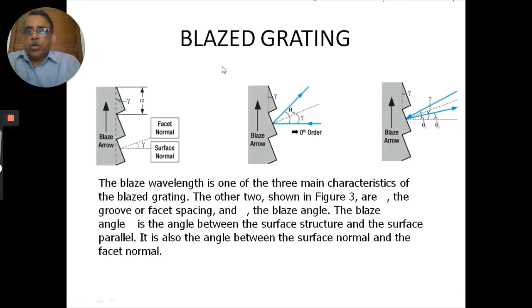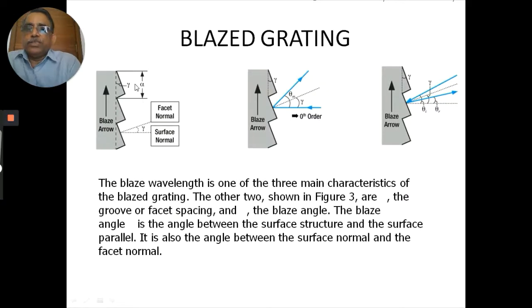Now what is the angle of the blazing? In the case of the ruled one, it was a plain surface with small dips. Now you can see a different kind of blazing, with a triangular sawtooth type of structure. This is the angle that we talk about, and this is the separation between two lines that we call the line spacing, d. Then there is the direction of the blazing, how exactly blazing is done.